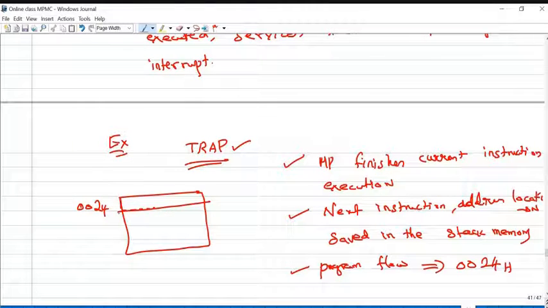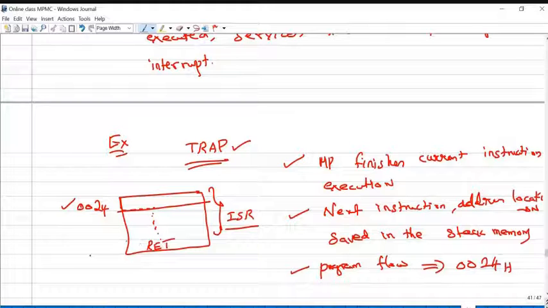We don't know up to which address location the information extends. So this is the starting address of the interrupt service routine. The small program is stored in this particular address location. Then it will execute. Once it is completed, at last a return instruction will be available.